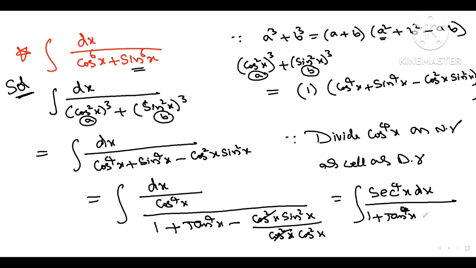So sin square by cos square we get tan square x. So let us take tan x is equal to t here. Then secant square x dx is dt.